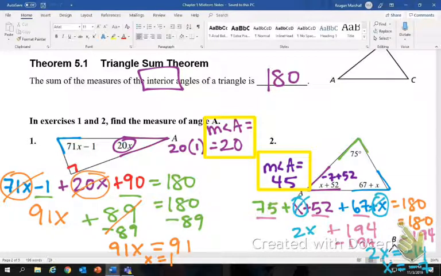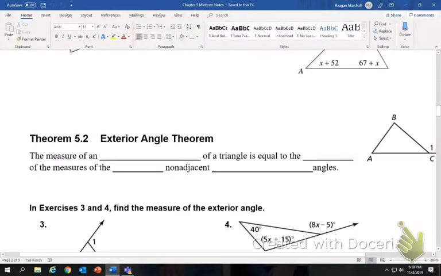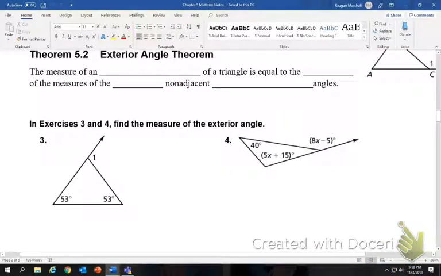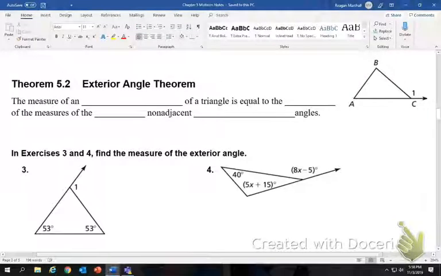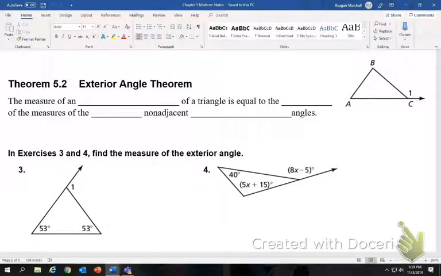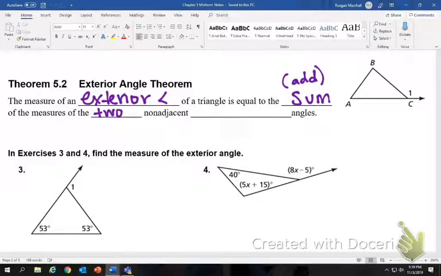Alright, this next part, the exterior angle theorem. The measure of an exterior angle of a triangle is equal to the sum, so remember sum means addition, the sum of the two non-adjacent interior angles.